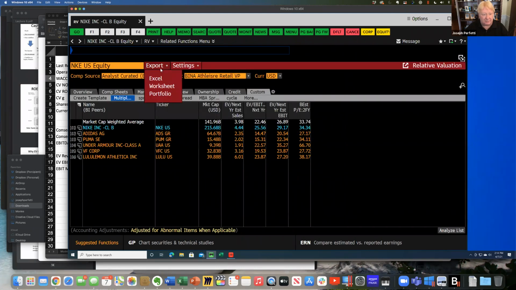And export that to Excel. Right? So 3 screenshots and an Excel export. And again, these multiples are based on current share prices. So we want to do these multiples again around the same time we're doing the screenshots, just because we want all the data to be in sync.